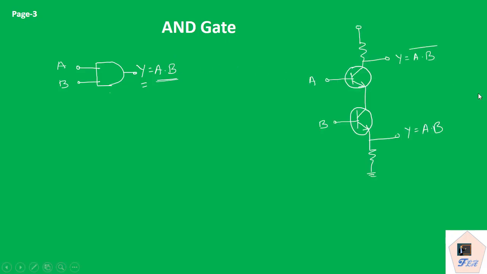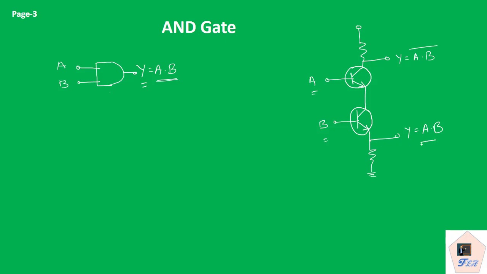So here this is the transistor configuration. We are providing the inputs A and B to these two transistors. That means here if you see, one transistor's emitter is connected to the collector of the other transistor, and then the output we are taking from the emitter of the second transistor.